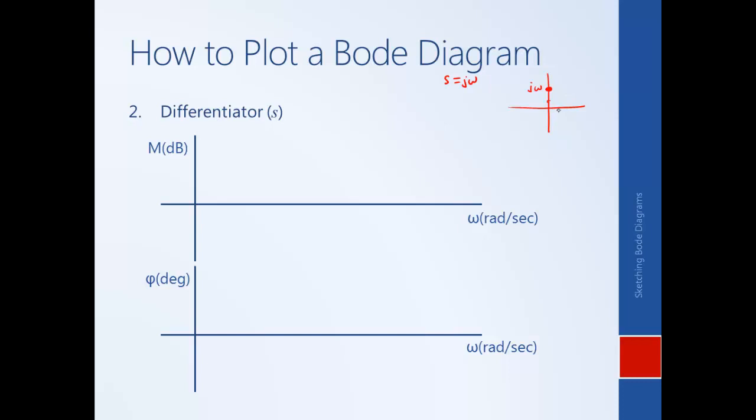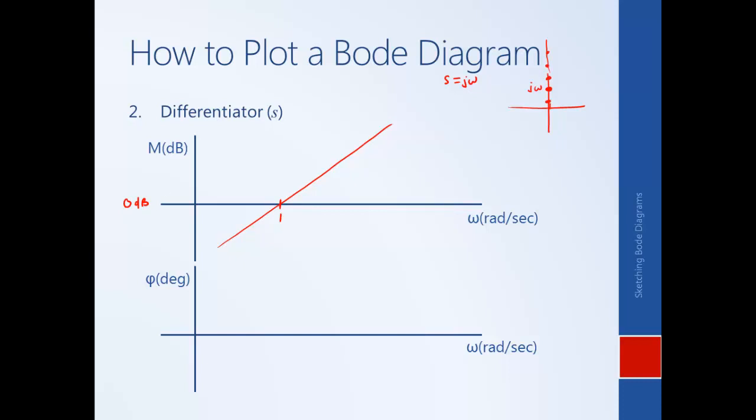For small omega, we'd have a small magnitude, and as omega increases, the point would move up along the imaginary axis. And so in that sense, the magnitude, which is the distance from the origin, increases linearly with omega. So you get something that looks like that. When omega is equal to 1, the magnitude is simply 1. When you convert it to decibels, 20 log 1 is 0.